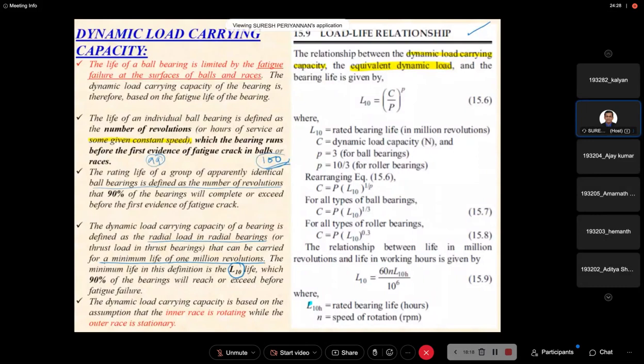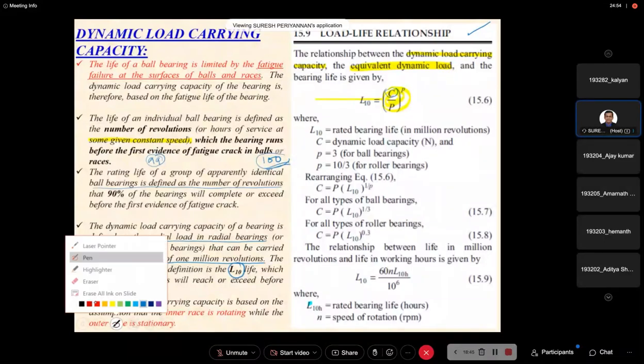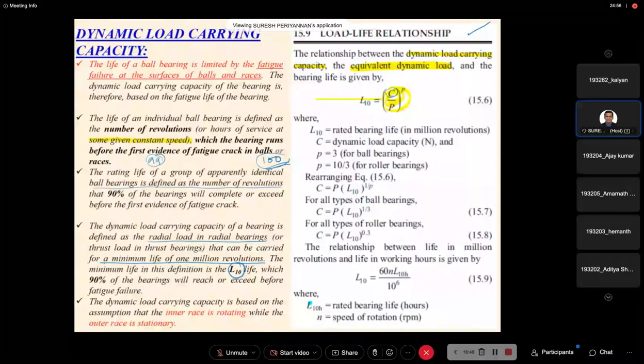Now, we are not going to discuss how it became like that, because they might have gone through research and finally verified it with experiments. Then L base 10, in millions of revolutions, is equal to the dynamic load carrying capacity C, the numerator, divided by P, the equivalent dynamic load, raised to the power small p. This small p is a constant.